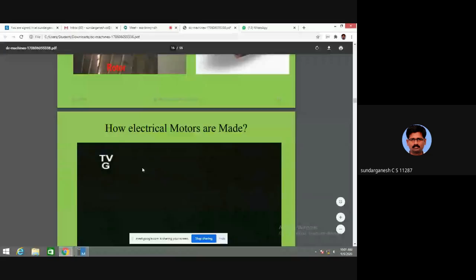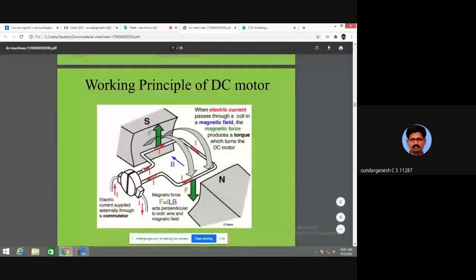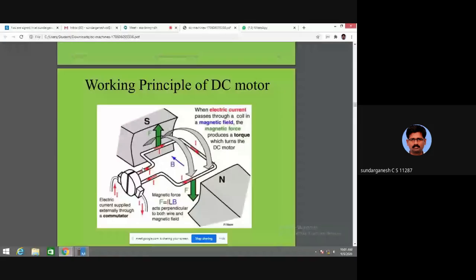This is the working principle of a DC motor. We have seen the DC generator, next the DC motor. North and south poles will produce a magnetic field. In this armature also we are giving a current, so this will produce another magnetic field. One magnetic field is already there between the north and south pole, created by the stator. Another magnetic field is produced by this coil.